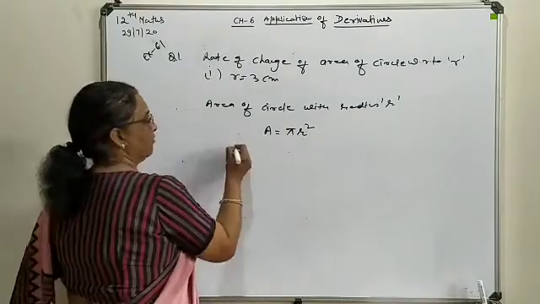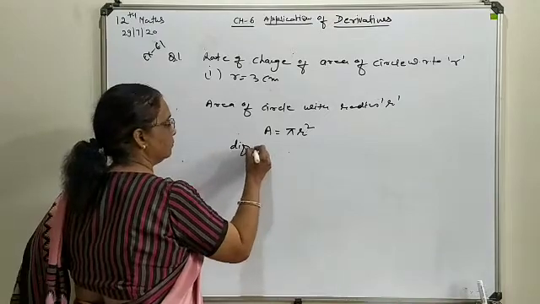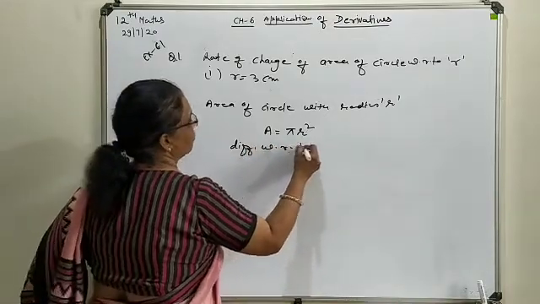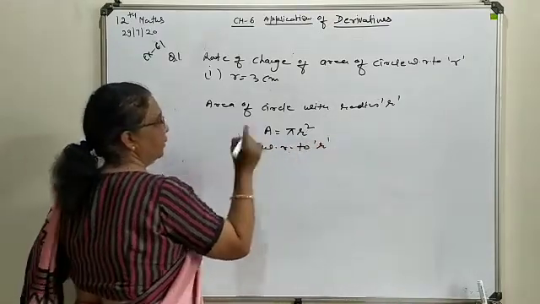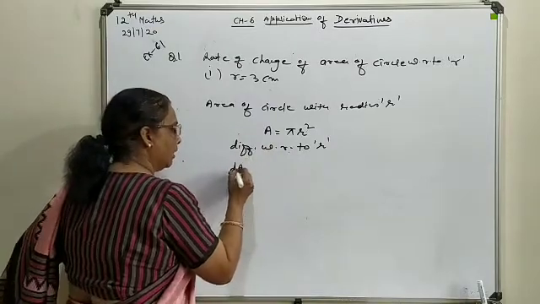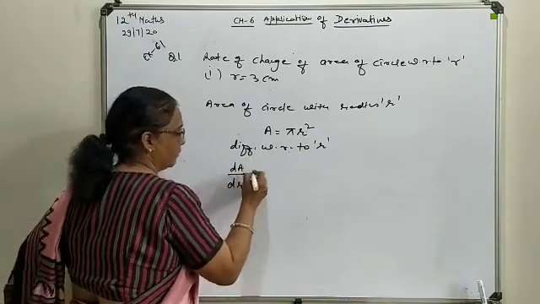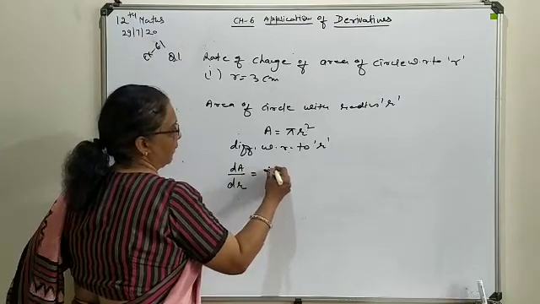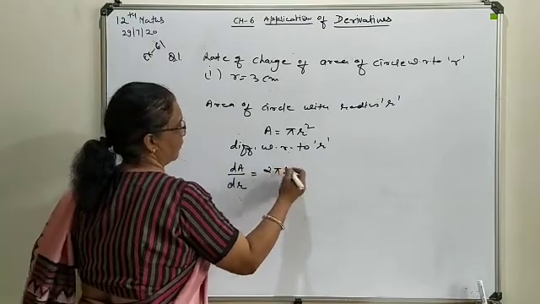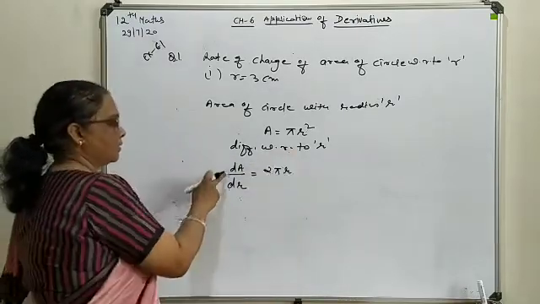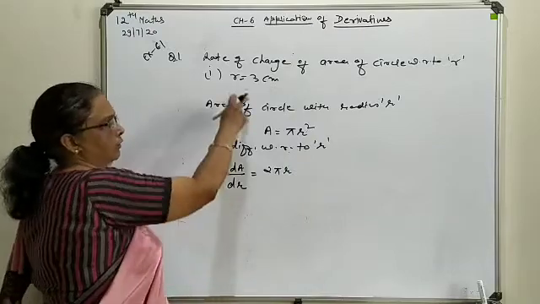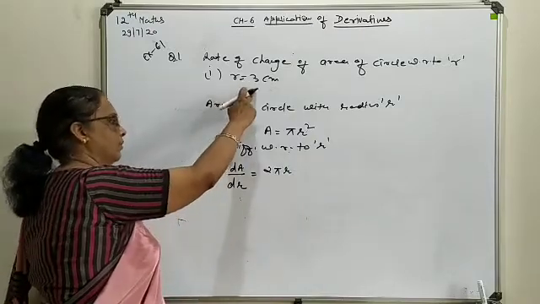So differentiate with respect to r. So dA by dr is 2 pi r. Now this rate of change we have to find for the first case when r is equal to 3.